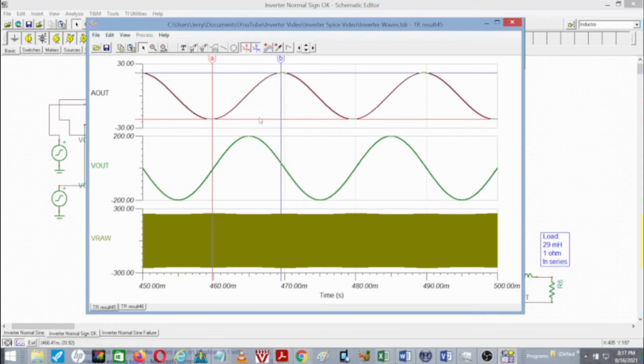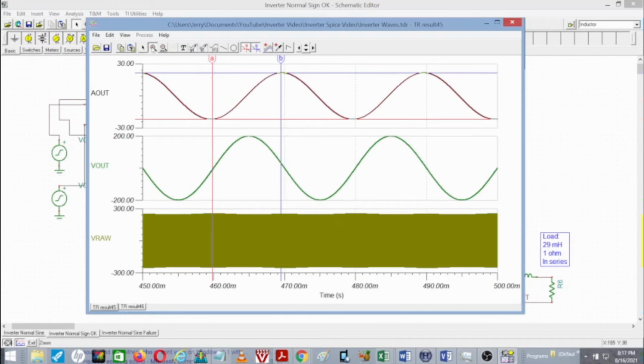I used a 29 millihenry inductor with 1 ohm in series to try and emulate a load like a motor that's got some significant inductance and very low resistance. So again, that's what the sine waves look like.